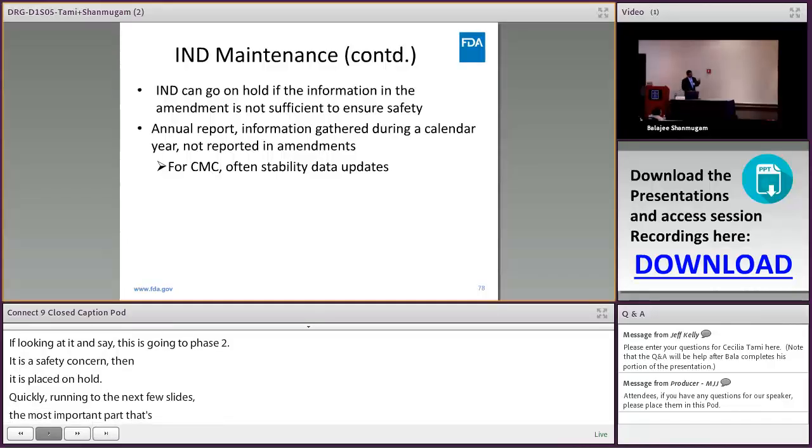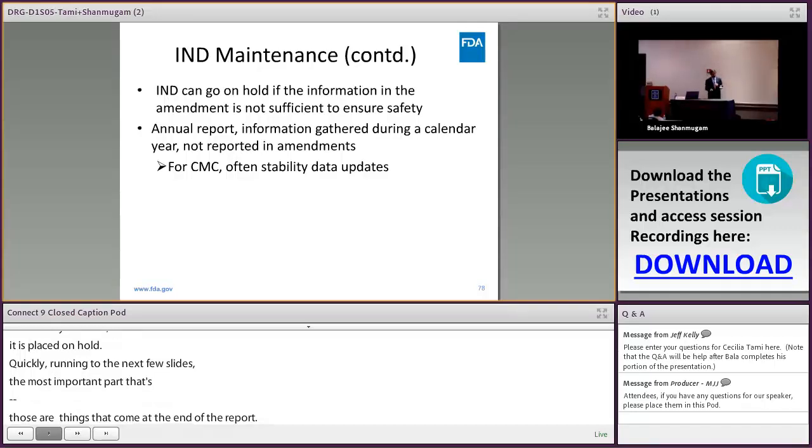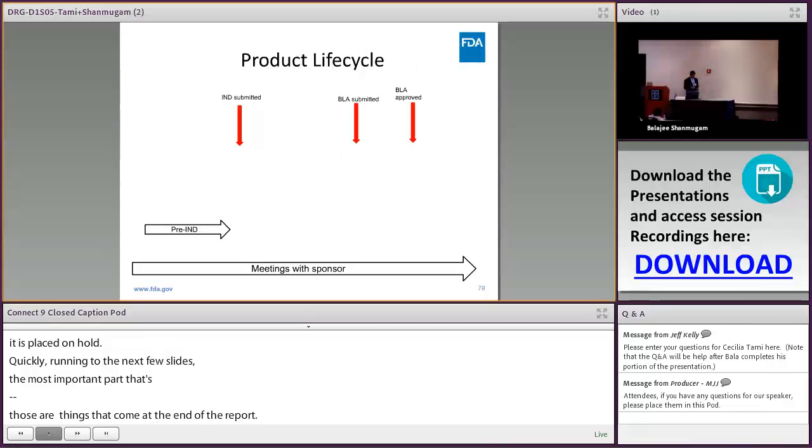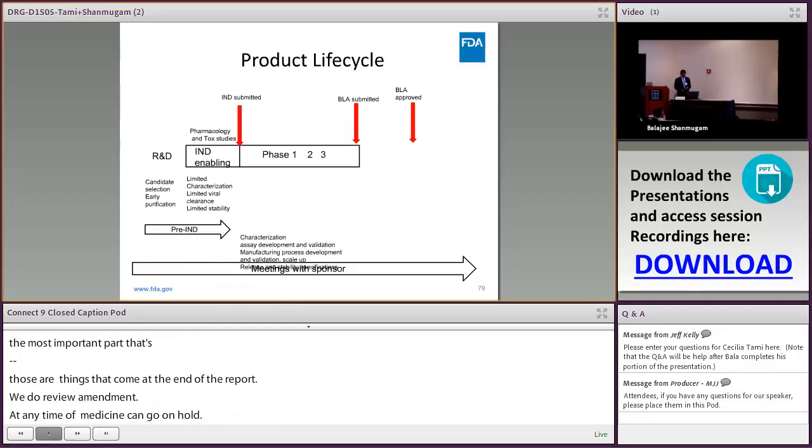The one important message is we do review annual reports. We do review amendments. At any point of time, an IND can go on hold if there is a safety concern, irrespective of whether it's CMC, pharm/tox, what have you.